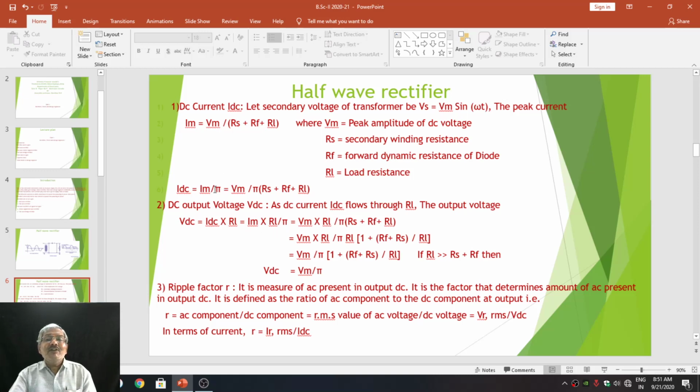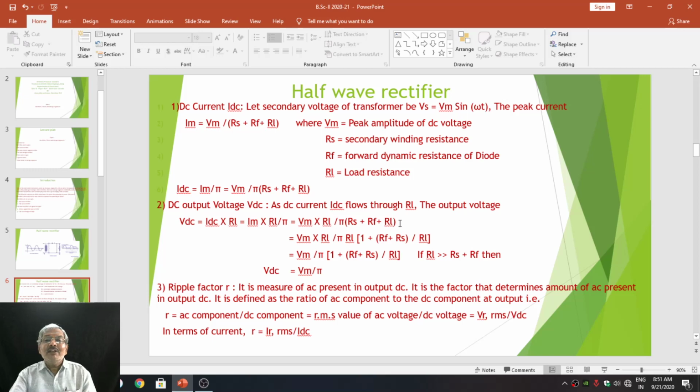Now putting the value of Im, we can write Vm into RL upon pi into Rs plus Rf plus RL. We have substituted Im is equal to Vm upon pi into Rs plus Rf plus RL. By simplifying this, we get Vm into RL upon pi.